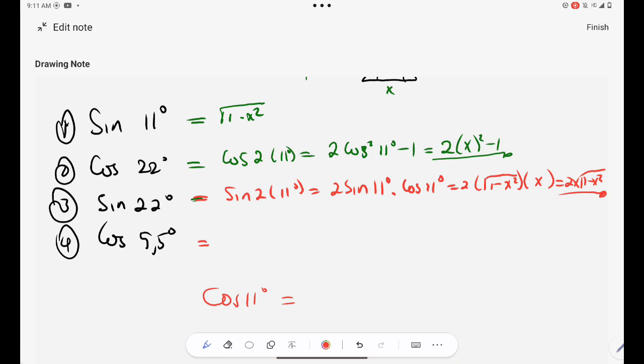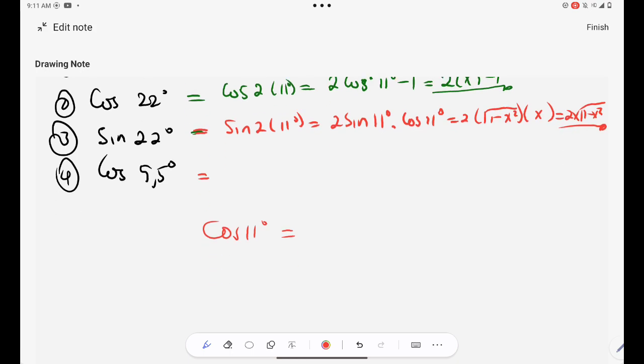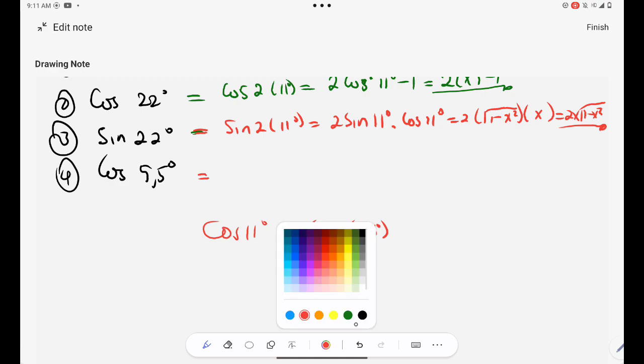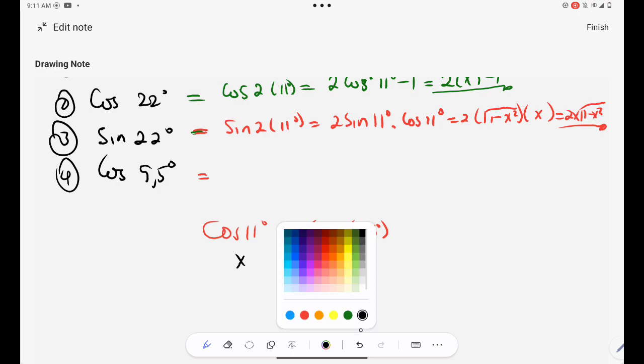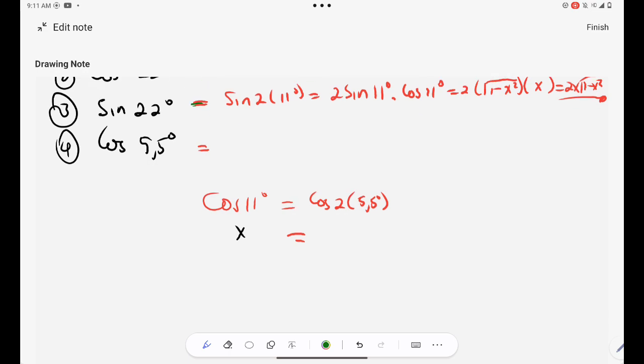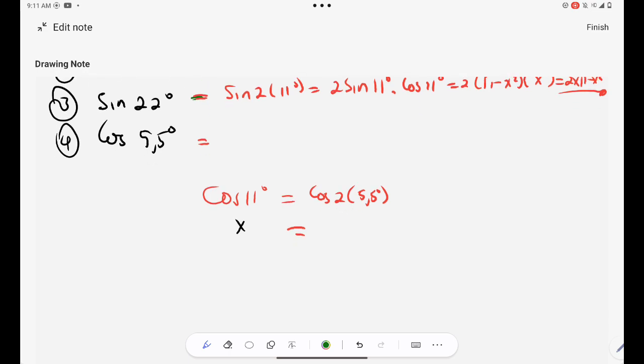And the cos of 11 degrees can be written as the cos of 2 multiplied by 5.5. But please recall the fact that cos 11 is just equal to x. Are you together? And this thing over here is the double angle for cos, which can be written as what?